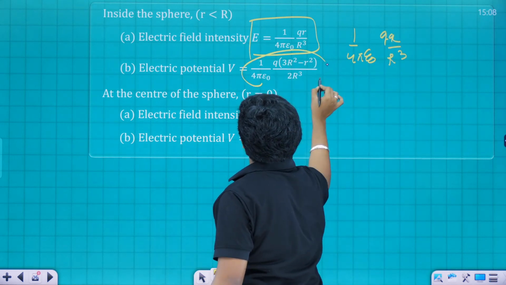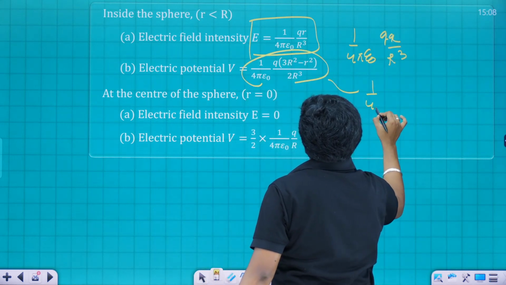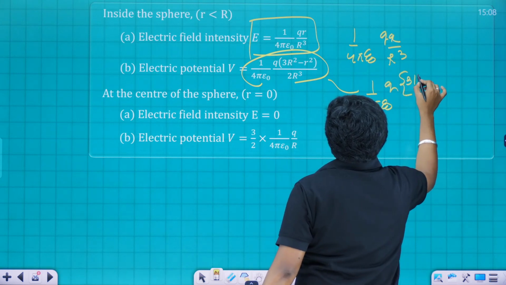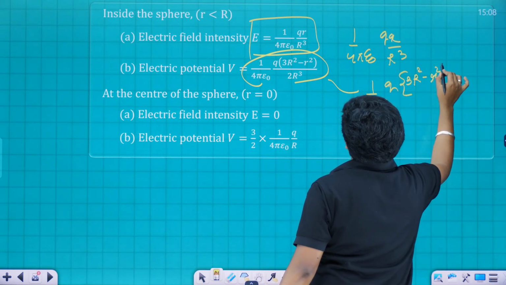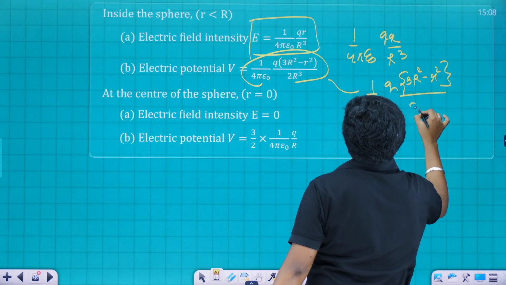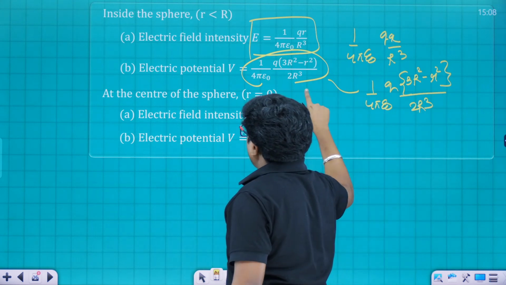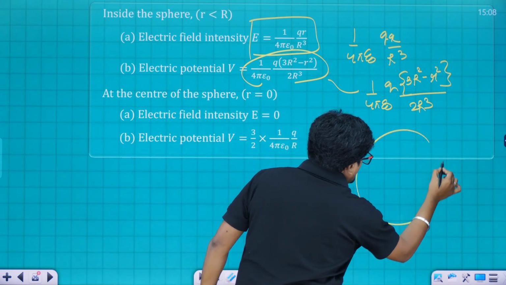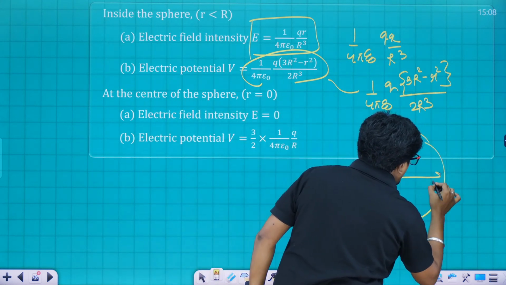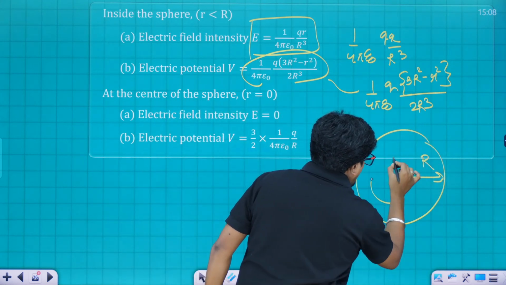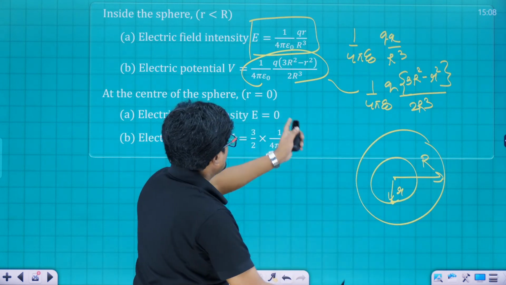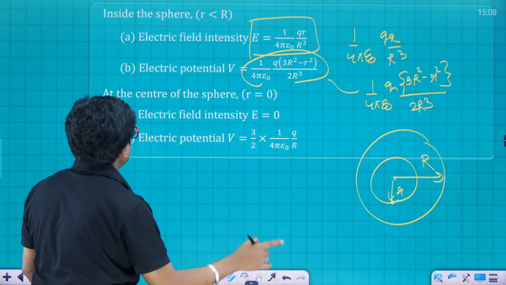And for electric potential, that is going to be 1 divided by 4 pi epsilon naught into q times 3R square minus small letter r square all divided by 2R cube. That is for any point inside which is at a distance of small letter r. I repeat, I am going to give you a small briefing about that. Here this is capital R and we are having point small letter r somewhere over here. I think you will be able to connect it now.